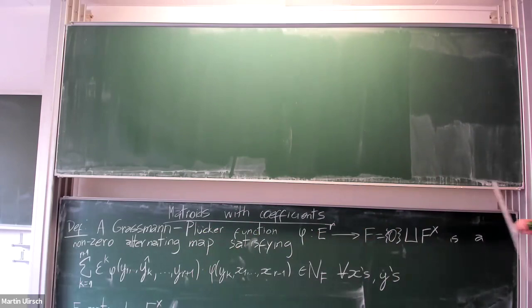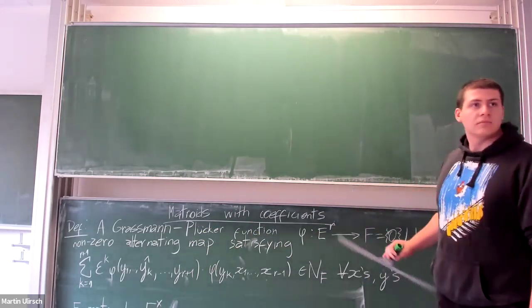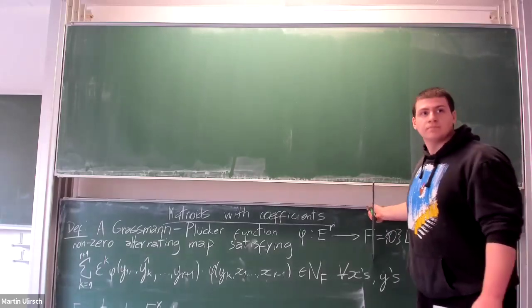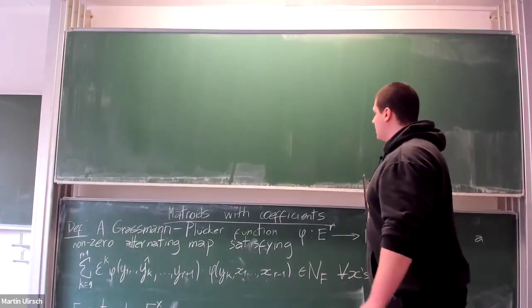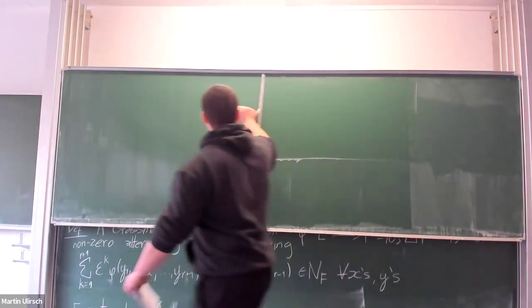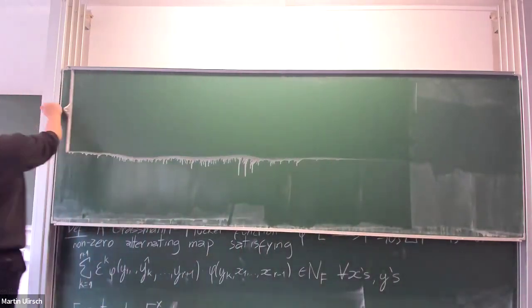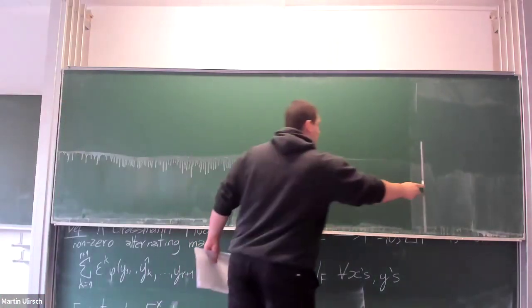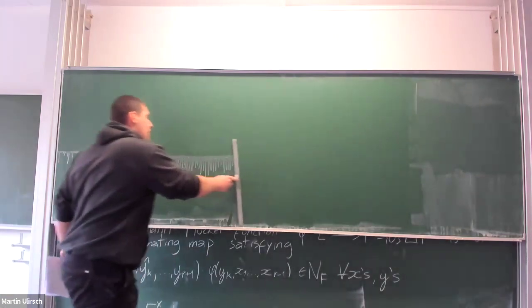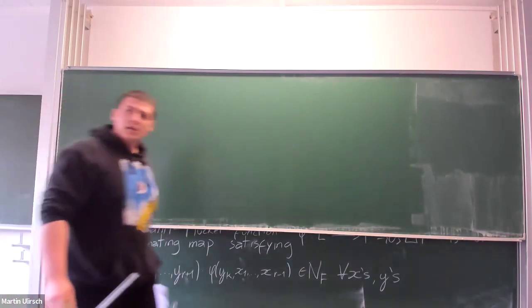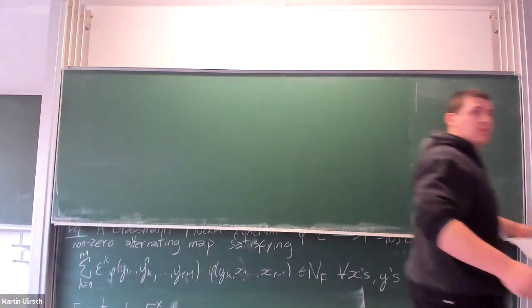It means that if you scale such a phi by an element of F star, it remains a Grassmann-Plücker function, and I want the matroid to be exactly the same. The idea is that the matroid is like a point on projective space, so if you scale it, it's the same point.